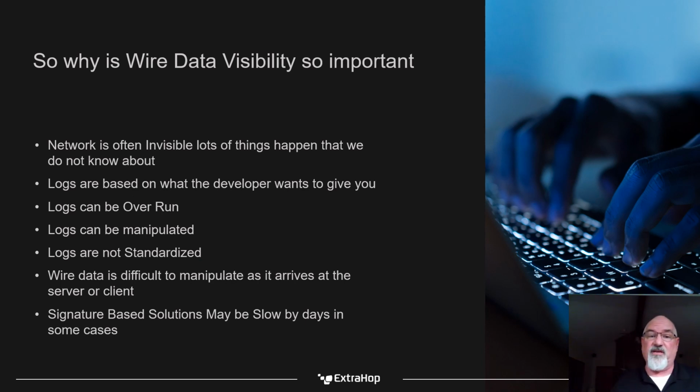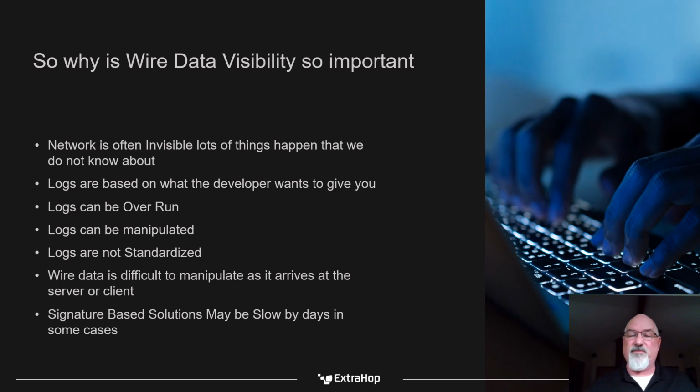Logs are based on what the developer wants to get you. Developers write their logs for events that they know about. If they don't know about a type of event that might happen, a failure or a success in certain situations, they don't log it. So you're dependent on the developers to write the right information and drop it to the logs.